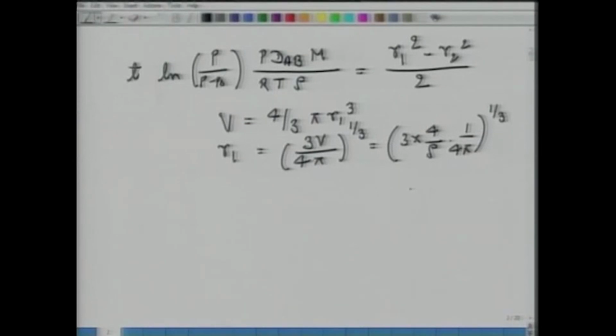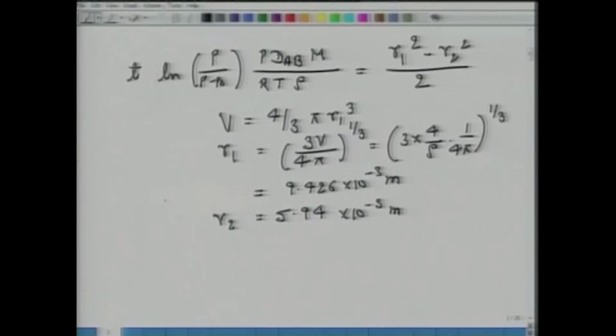Rho is the density here, and to start with the weight is 4 kg of the naphthalene sphere. So if we substitute, we should get R1 as 9.426 10 to the power minus 3 meter. Similarly, at R2, when the mass becomes 3 kg, with a normal substitution we get R2 as 5.94 10 to the power minus 3 meter.